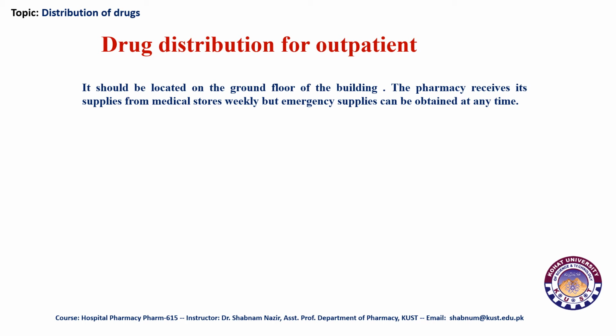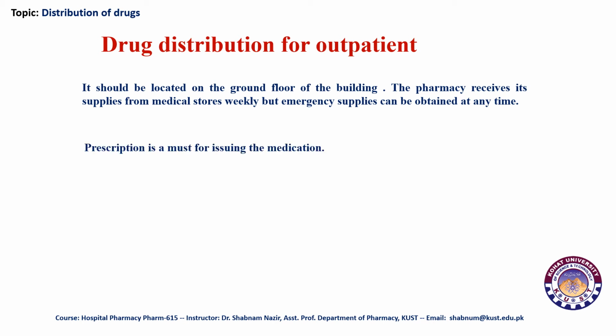So the outpatient's location matters a lot, because the hospital outpatient pharmacy is not only bound to supply medicine to the patients of the hospital, but any patient from outside can also avail their services. So their location must be such that going patients, patients leaving the hospital, and patients from outside, who might be called the outsiders, can easily visit them and avail their services.